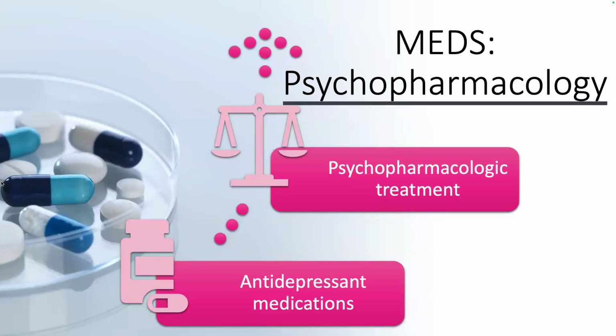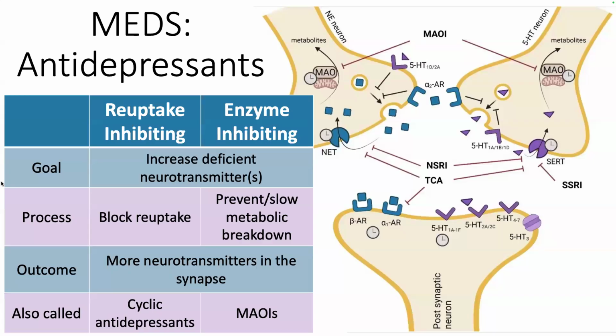Medications. We're going to talk about antidepressants and other psychopharmacological treatment. We have two categories of medications for antidepressants. Those that block the reuptake of neurotransmitters and those that inhibit the breakdown of neurotransmitters. Both of them have a goal of increasing the amount of neurotransmitters in the synapse.